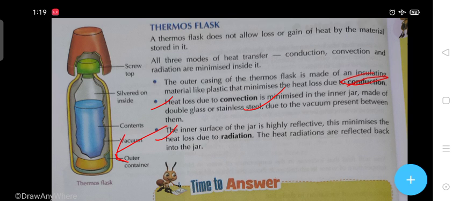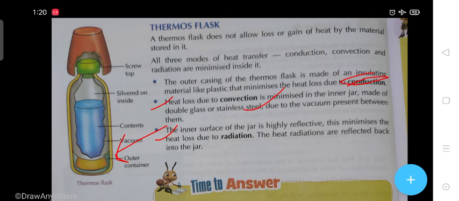So students, this chapter is all about heat, and we had to study this chapter because in further classes you will learn many things regarding heat and temperature.